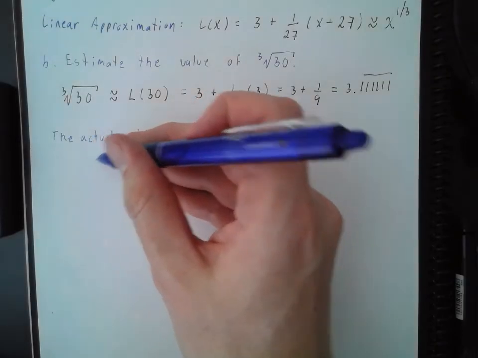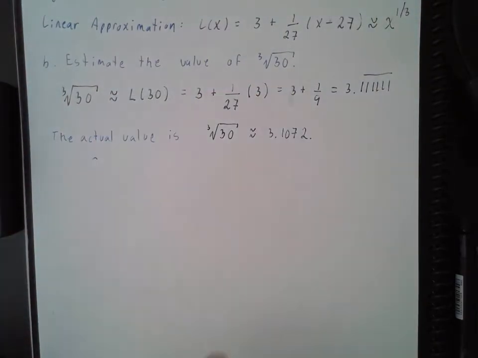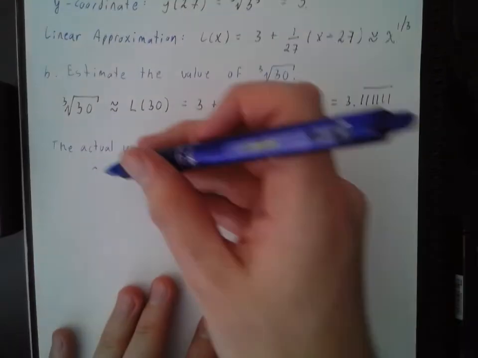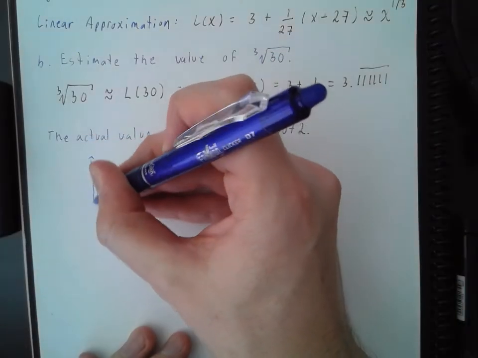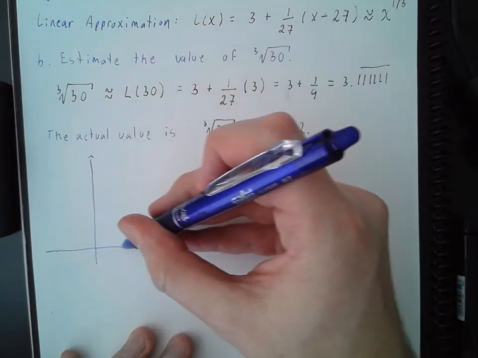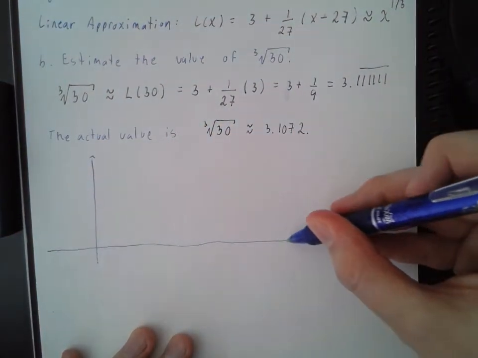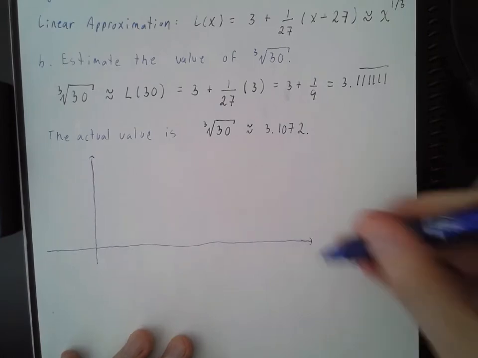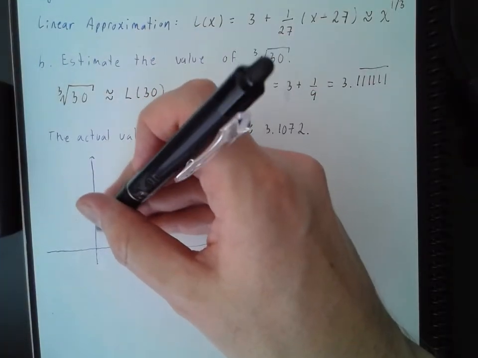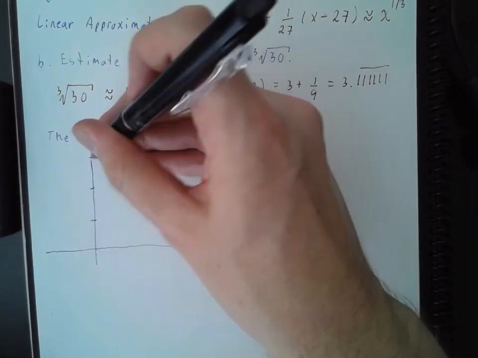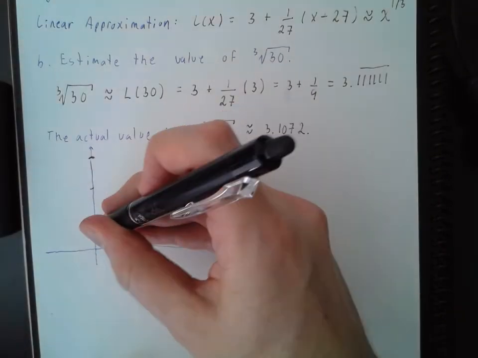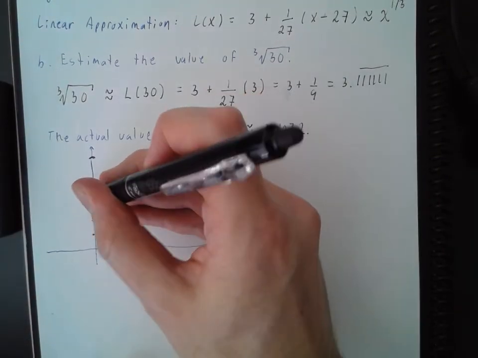And the reason why this linear approximation is so good has to do with the slope of this linear approximation. Since this slope is very small, basically, for this cubic function, the approximation is going to be quite accurate. So let's do over here 1, 2, and 3. I'm just going to use this axis.